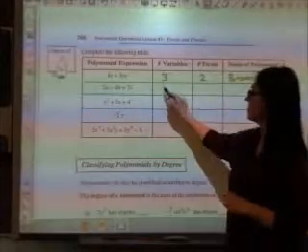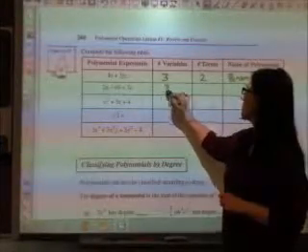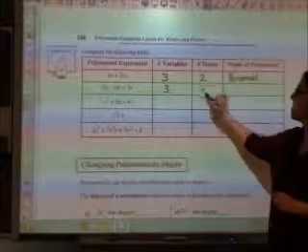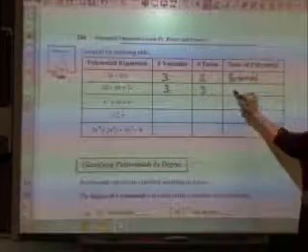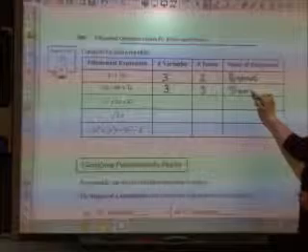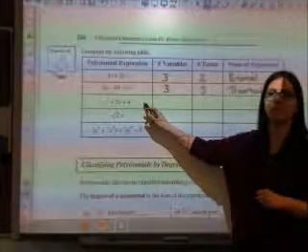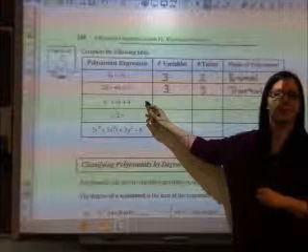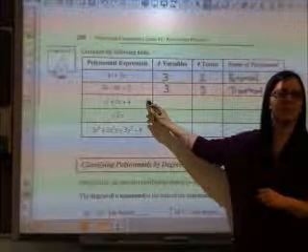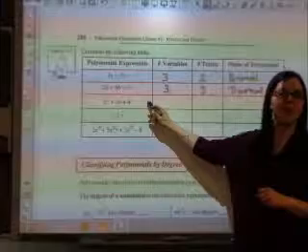Okay, how many variables in the second one? 3. How many terms? 3. So this would be called a trinomial. How many variables in this one? 1. Which one is it, 2 or 1? 1. Why 1?